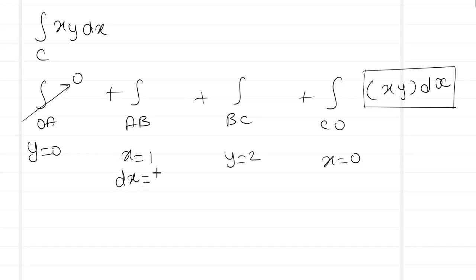Differentiate x on both sides: 1 on differentiation gives you 0. So dx is 0, and this integration will also become 0. Now come to the last one, x equal to 0. When I put x equal to 0, this integration will also become 0.